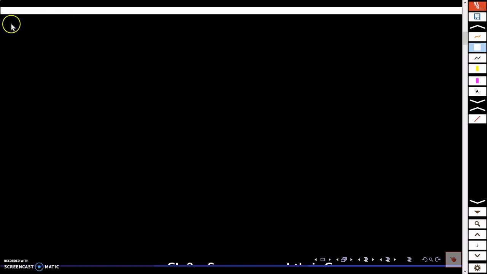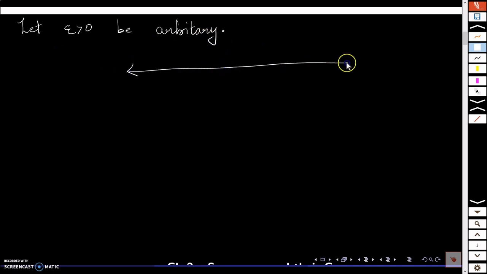Now supposing epsilon is any positive number. Now let epsilon be any positive arbitrary number. Arbitrary meaning any positive number. Then let me draw the number line. Supposing there is a point x here, and epsilon is any positive number.